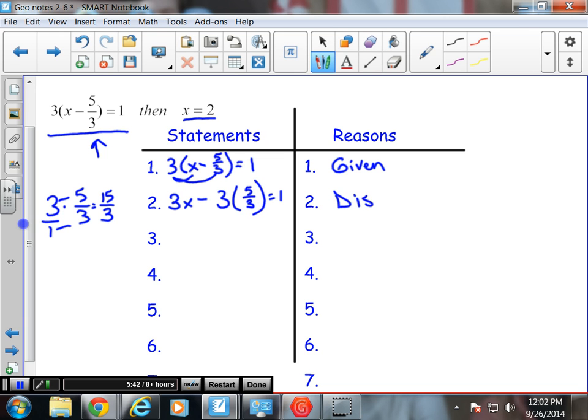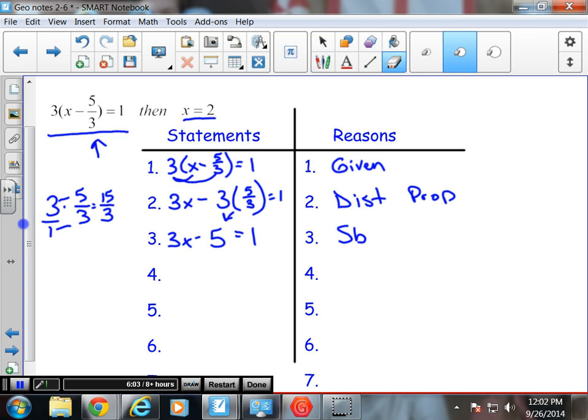They do that as the distributive property. Then they just combine those as 3x minus 5 equals 1. And they call this step here, to get from the 3 times 5/3 to 5, as substitution.